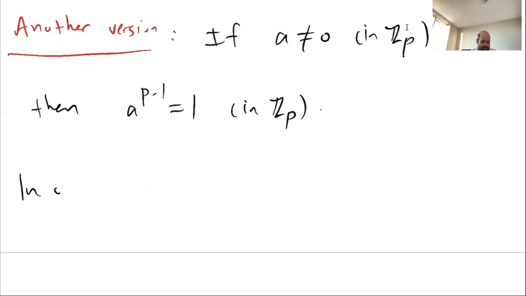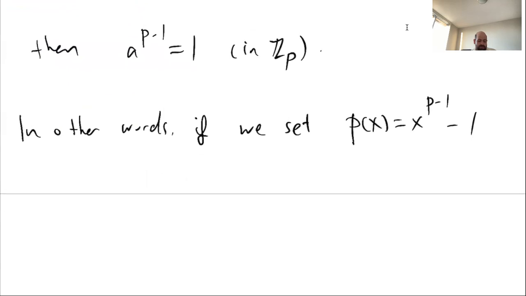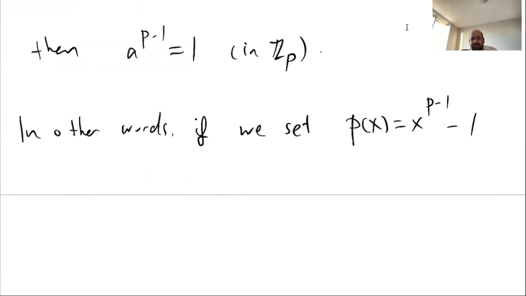So in other words, if we set P of X equals X to the power P minus 1 minus 1, then what are the roots of this polynomial as a polynomial in ZP?